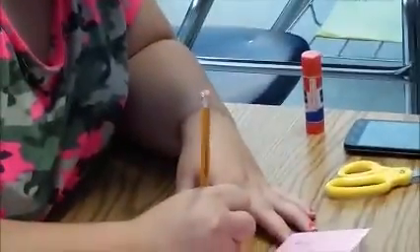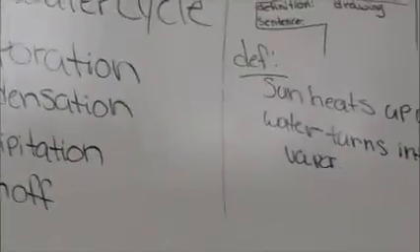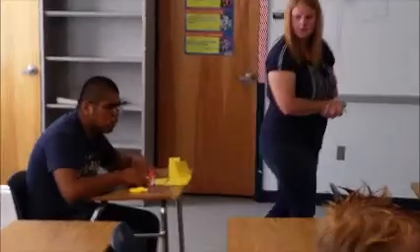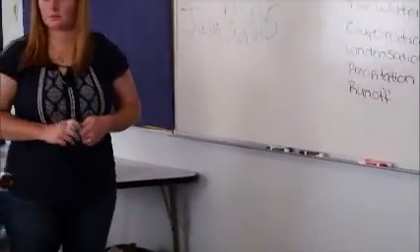You can say hot water turns into a what? Water vapor. Good job. You got it, Ernesto? Over here, you're going to write hot water. How do you spell hot? Alright, we got it? We're good with it?